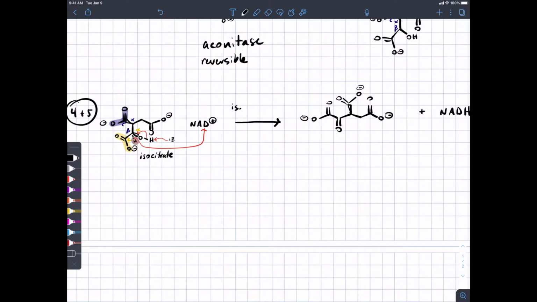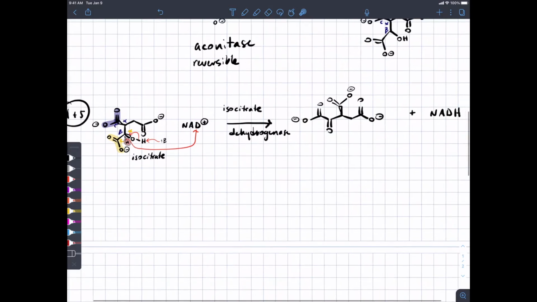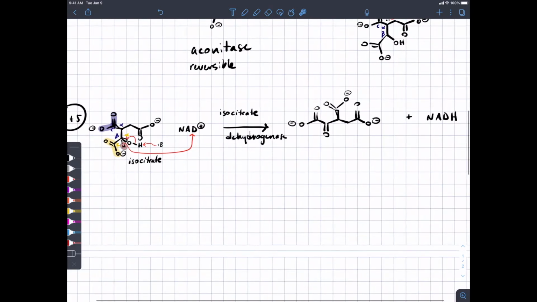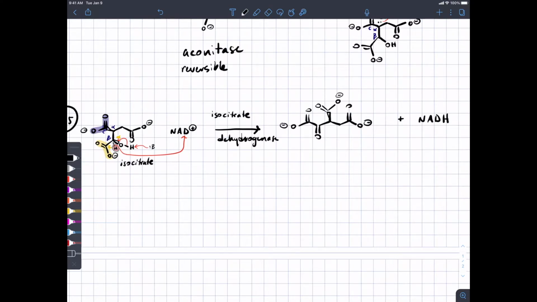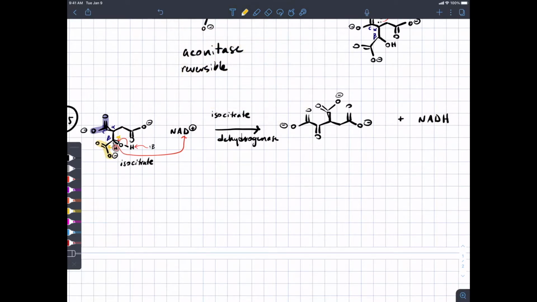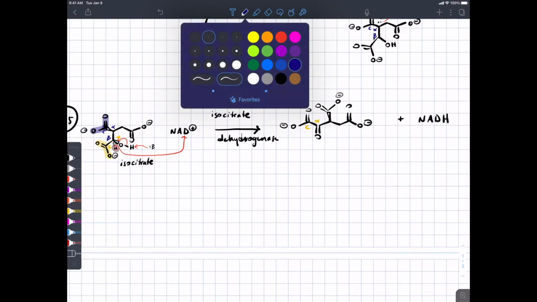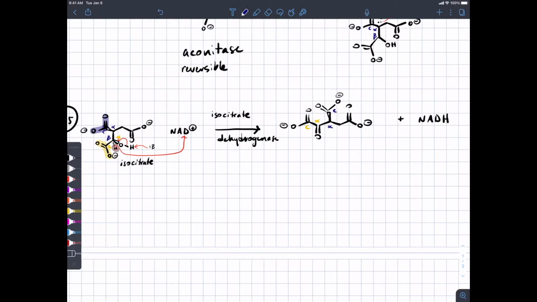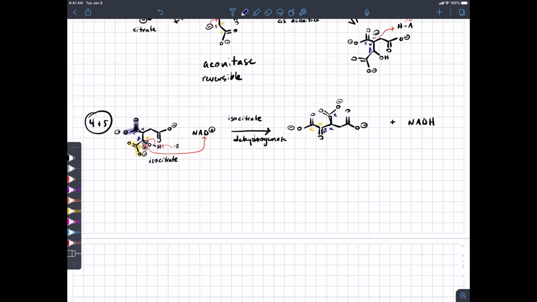The enzyme that catalyzes this is called isocitrate dehydrogenase, because we're removing a proton and a hydride from the molecule when it gets oxidized. Notice that our product is both an alpha keto acid and a beta keto acid.